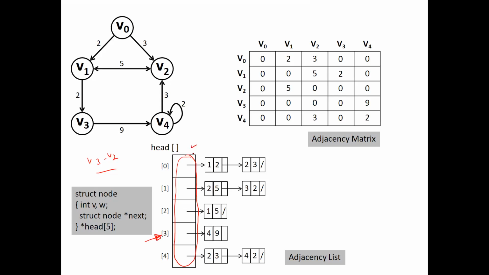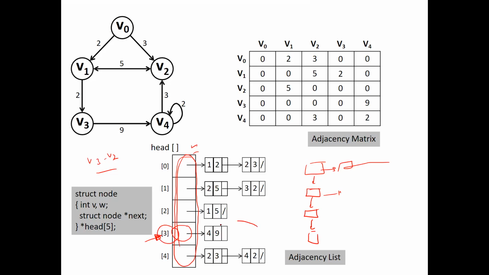If it is an array representation, this will take order of 1. If this representation itself is a linked list, where the starting address of the first adjacency list is stored and so on, then it will take order of v time. If it is a direct array representation, you can do it in order of 1 time.